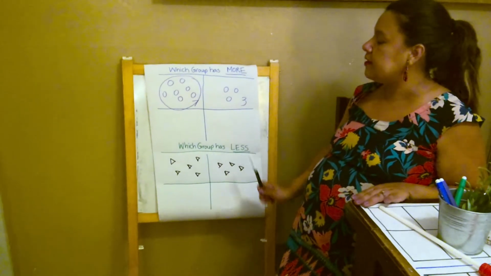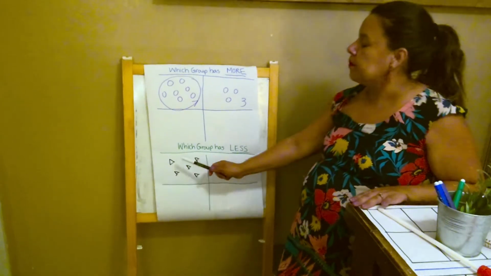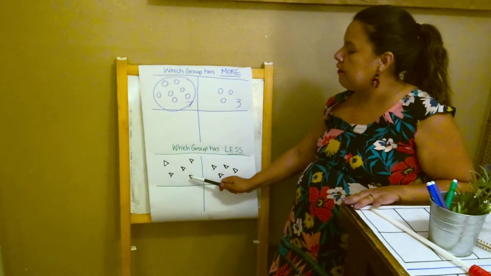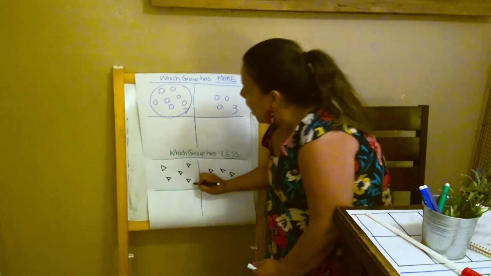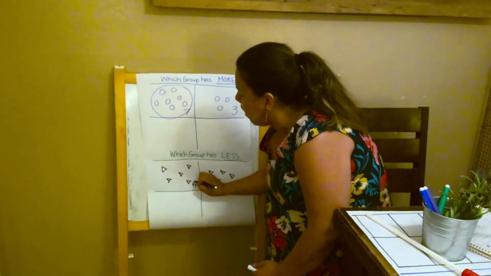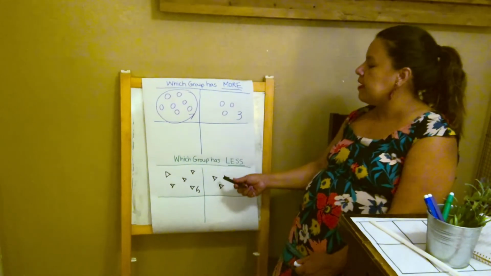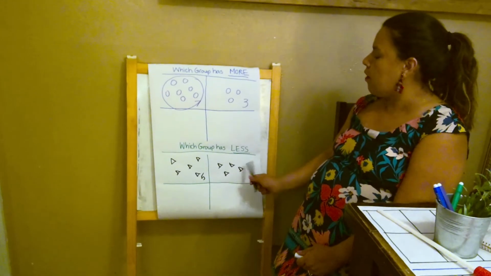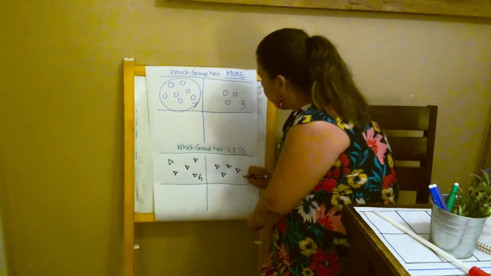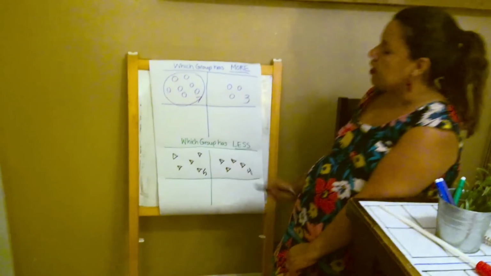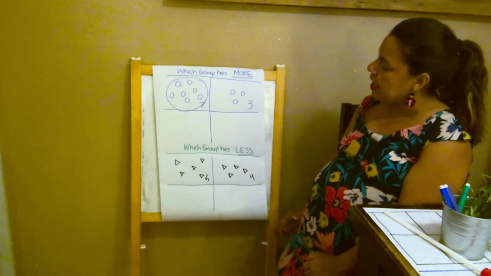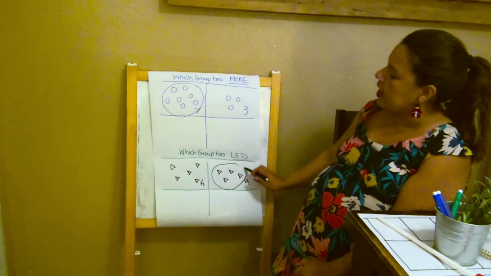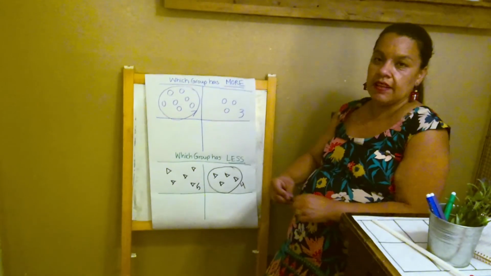Let's count and see which group has less. 1, 2, 3, 4, 5. This group has 5 triangles. Let's see how many this one has. 1, 2, 3, 4. This group has 4 triangles. So which group has less? The one with the 4 triangles has less.